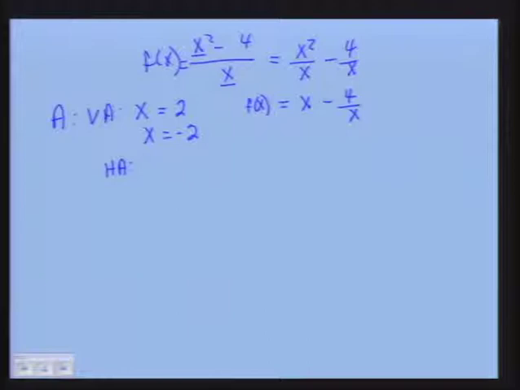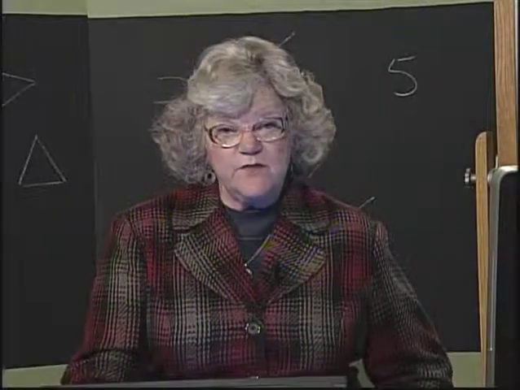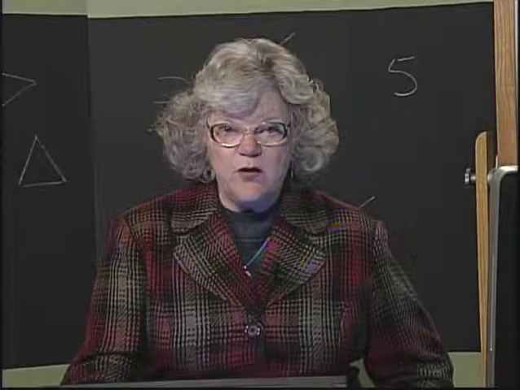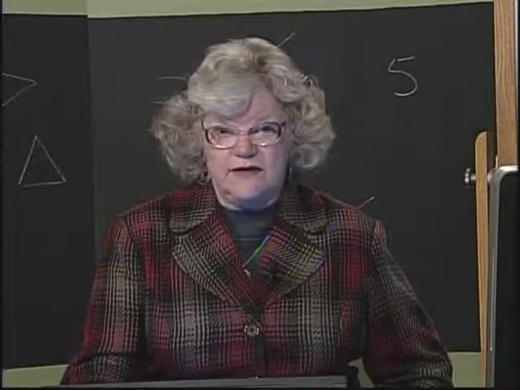So my f of x could be written this way. Now think a minute. As x goes to infinity, 4 cakes is not much for an infinite number of people. So this is approaching 0. That means our y is approaching x. So as x goes to infinity, y goes to infinity. What's that the equation of? That's the equation of a line, isn't it? Because we have y to the first power, x to the first power, and it's not a horizontal line, is it?